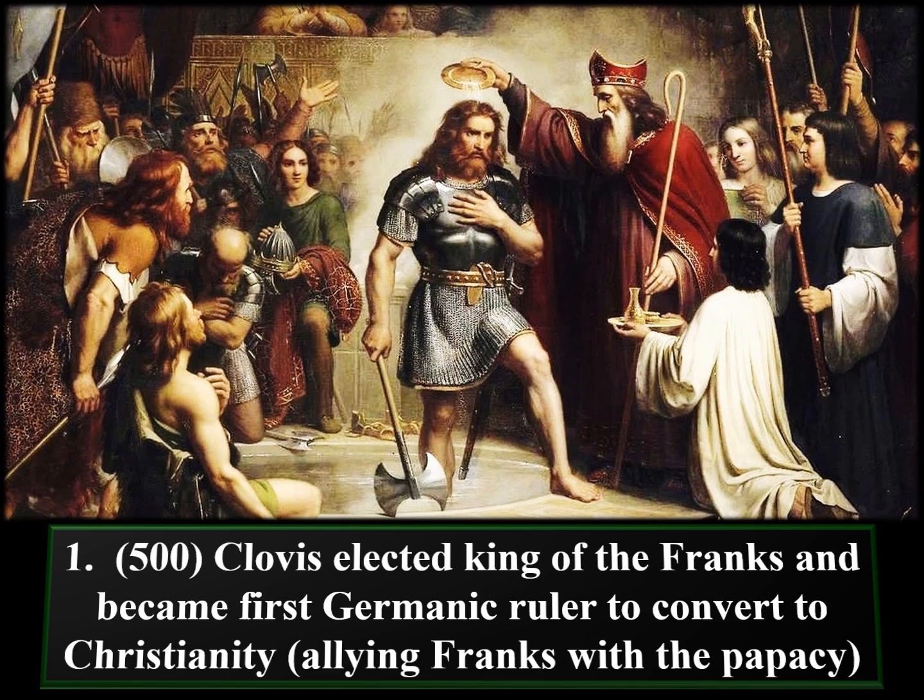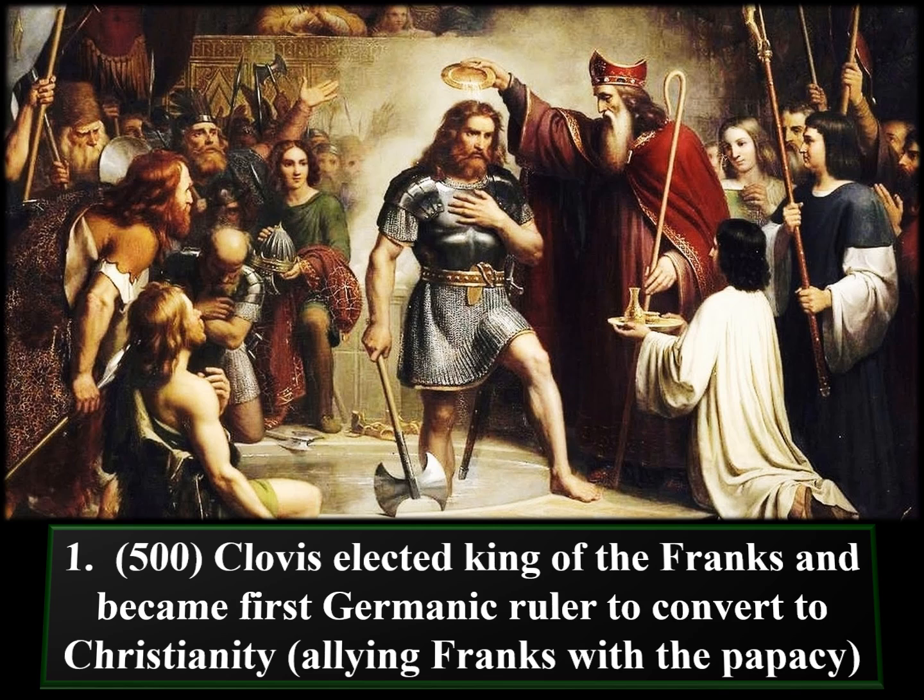So these people come in, these Franks come in, they are tribal, many different tribes, many different chiefs, but ultimately by around 500, Clovis becomes sort of the head chief over all of the Franks. He's, quote, elected. Now, that's not our normal kind of election, folks, but he is chosen by all of the leading chiefs in the Frankish tribes to become king of the Franks.